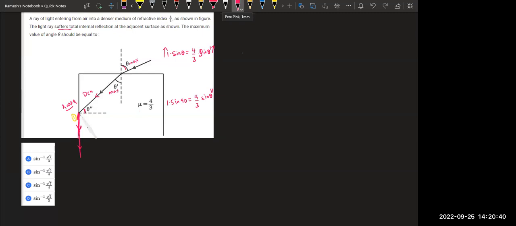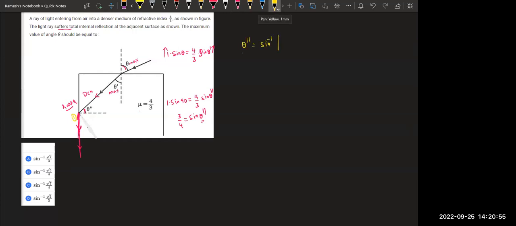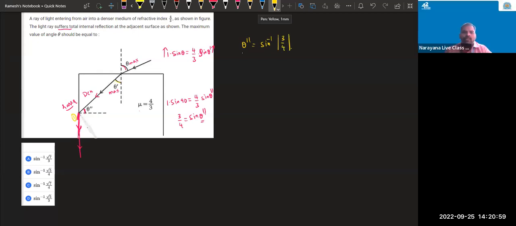Yes, sir. So 3/4 equal to how much? Sin theta double prime. Successfully we found the theta double prime value. Tell me, what is the theta double prime value? Sin inverse of 3/4.